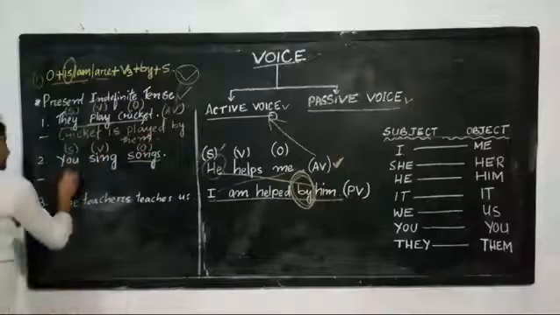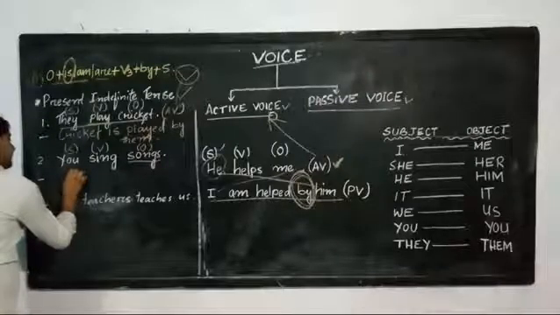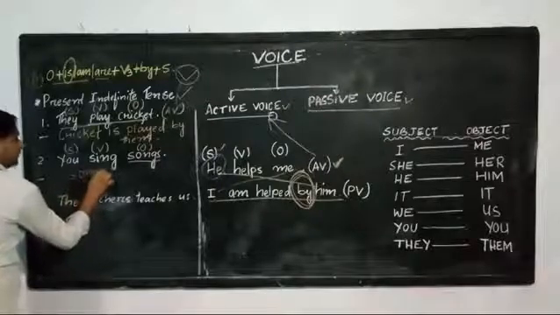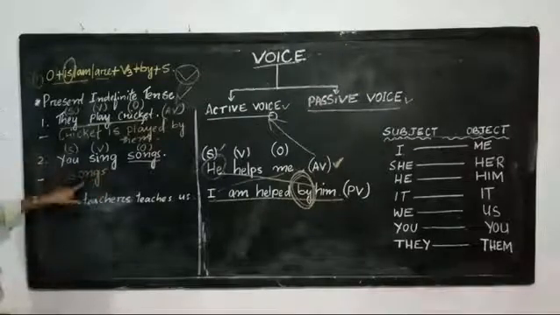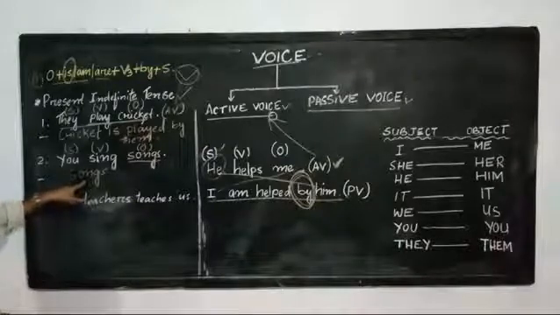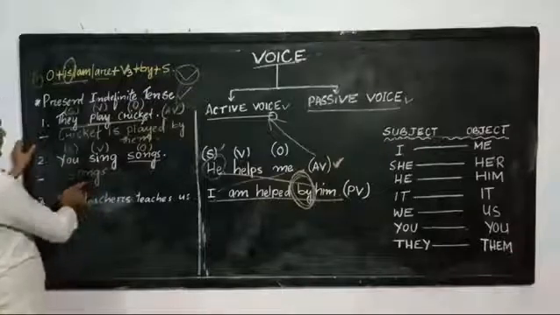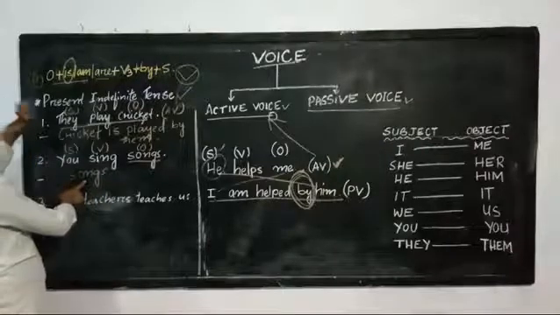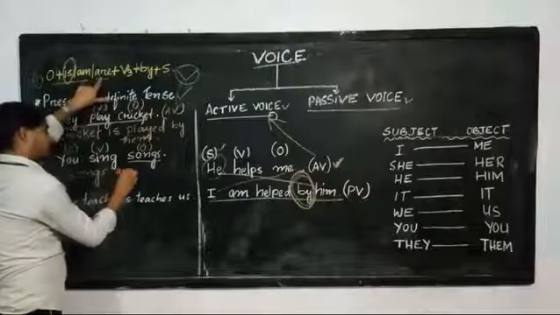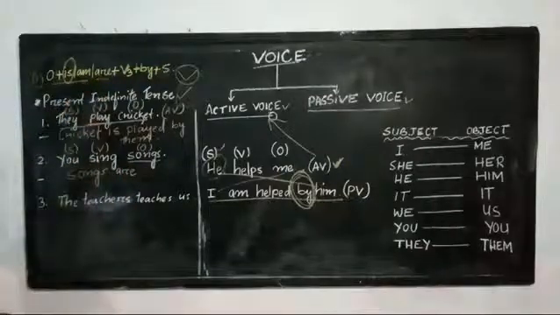What will we write first in the passive voice? We will begin the sentence in the passive voice with the object. What is the object here? Songs. Is songs singular or plural? Plural. If the subject is plural, then what will come? Are. Songs are. Then what is the verb?